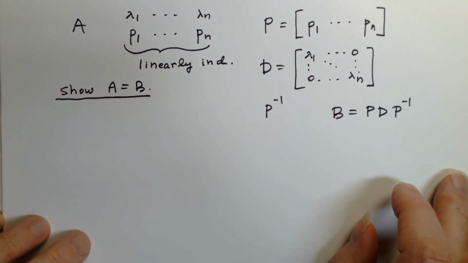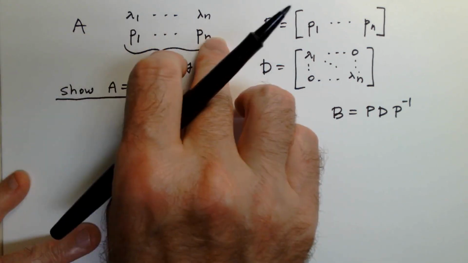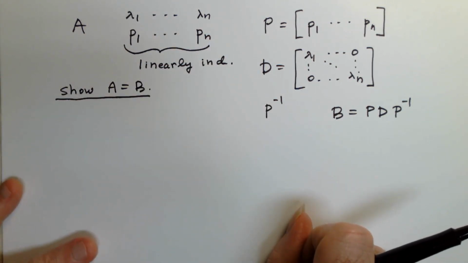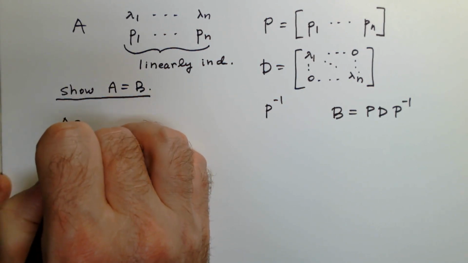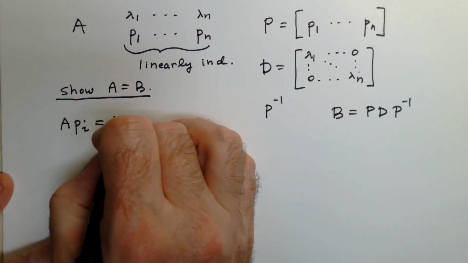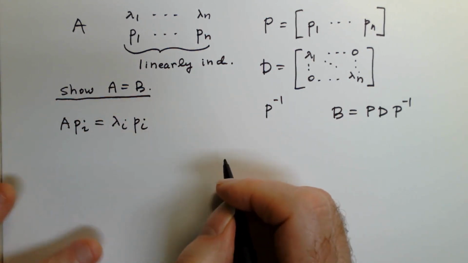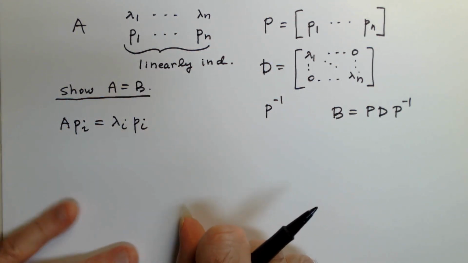Let's see if we understand why that has to be the case. Why do A and B agree on this collection of eigenvectors, P1 through Pn? Well, we know by definition, when I apply A to P sub i, I'm going to get lambda i times P sub i. And that comes directly from the fact that these are eigenvectors for the matrix A.